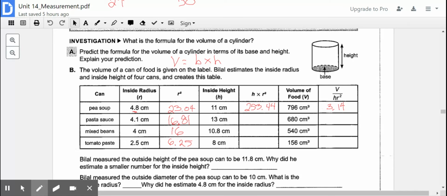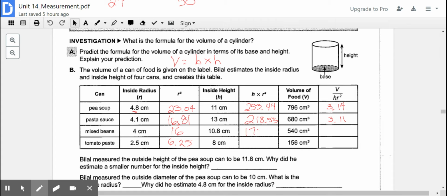Let's come up with this one here. So height times the radius squared, we'll go 16.81 times 13. I get 218.53. Let's divide 680 centimeters cubed by 218.53, and I get 3.11. And the next one is going to be 16 times 10.8.